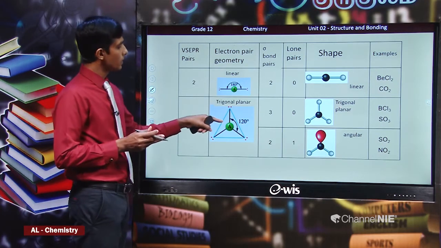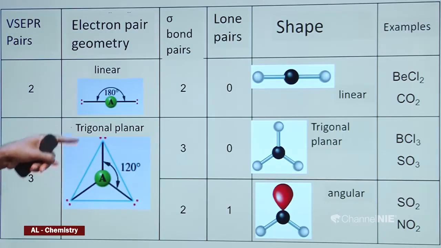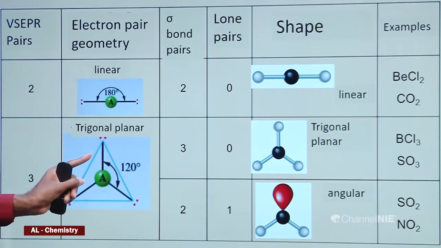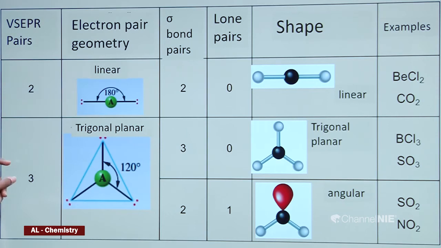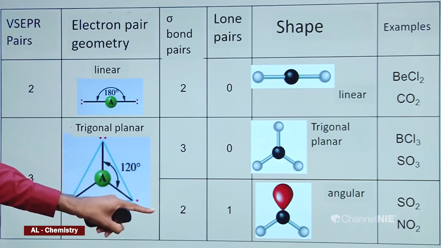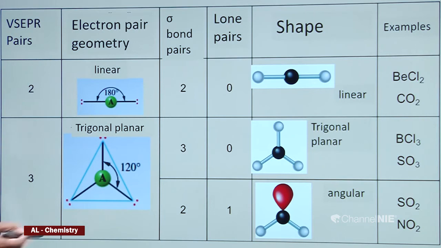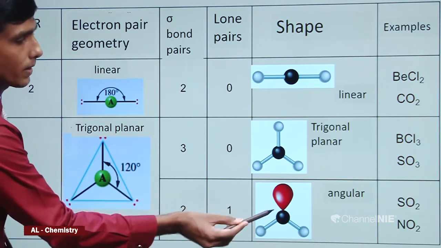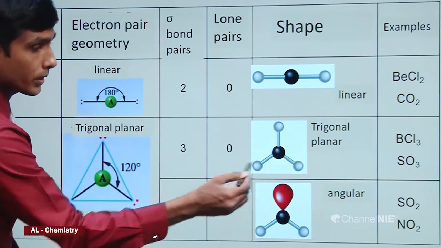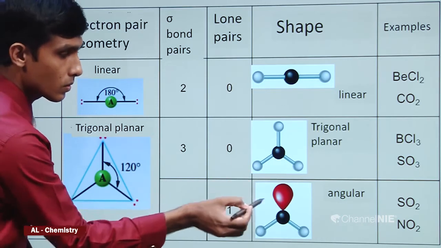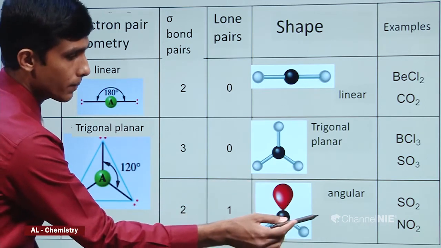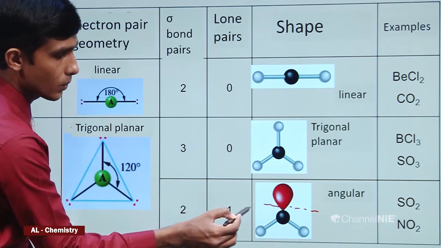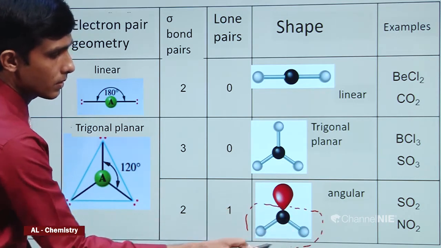It is possible that one pair is a lone pair out of these three. Out of the three VSEPR pairs, if one is a lone pair and two are sigma bonding pairs, you will get a shape like this. Now, when you decide the shape, we do not consider this lone pair, we take the shape between the atoms.